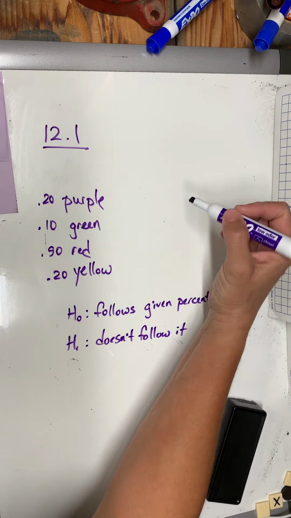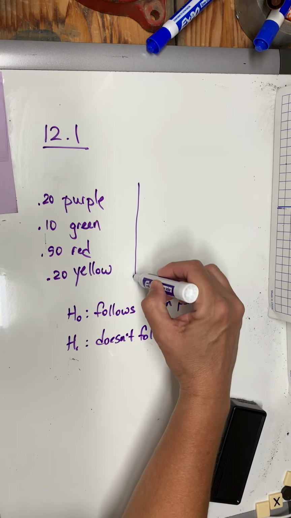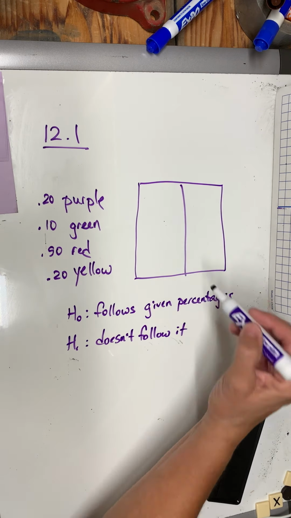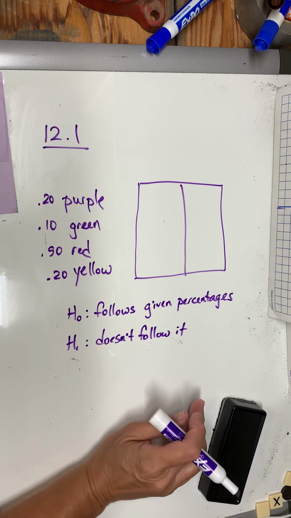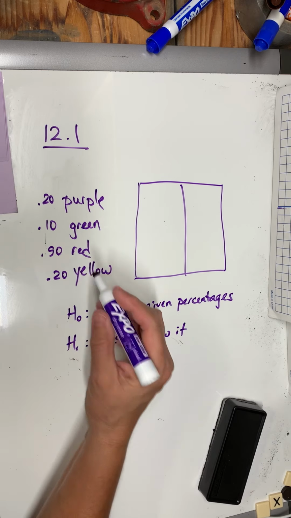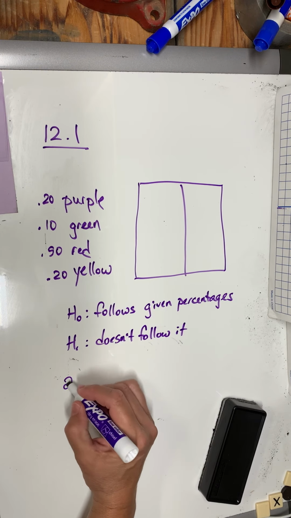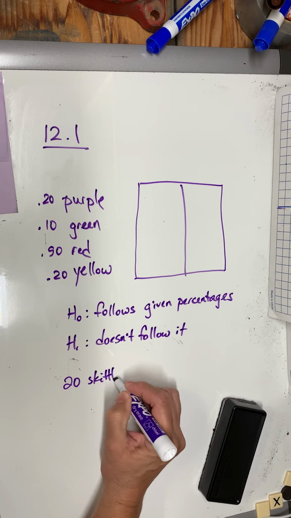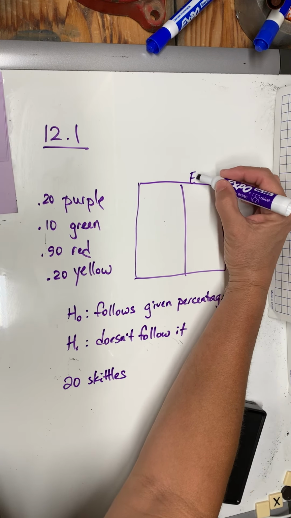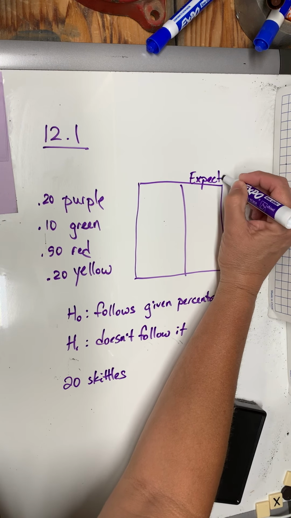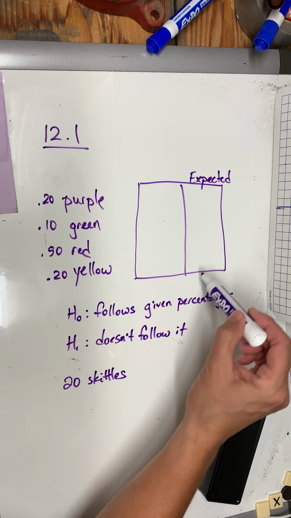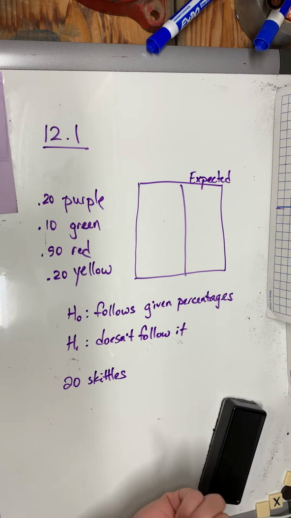So let's say that you open up your bag of Skittles, and for starters, let's make it easy. Let's say you had 20 Skittles in the bag. So your total number of Skittles is 20. One thing you would want to know is, what should you expect that bag to have? And this is important, because you're going to have to identify your expected amount for many of your questions on the homework.